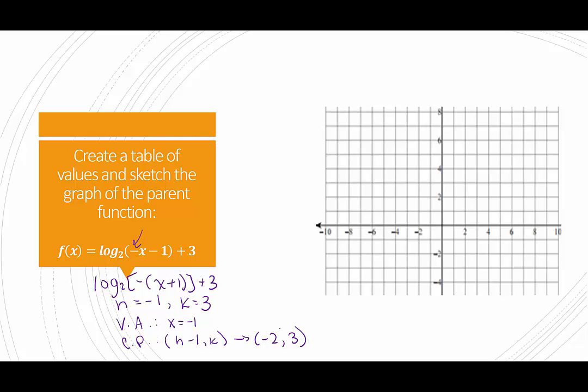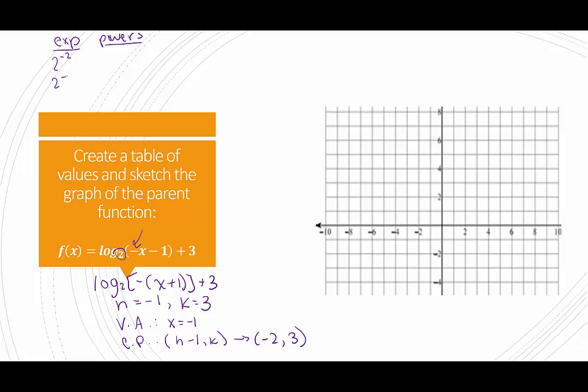Okay, the next thing we want to focus on is creating our table of values. Given we're dealing with base 2, I like to first start with the exponents and powers so that I know what I want my arguments to be. So I have my exponent and I have my powers. And the one I know we want to focus on, I like looking at 2 to the negative 2.